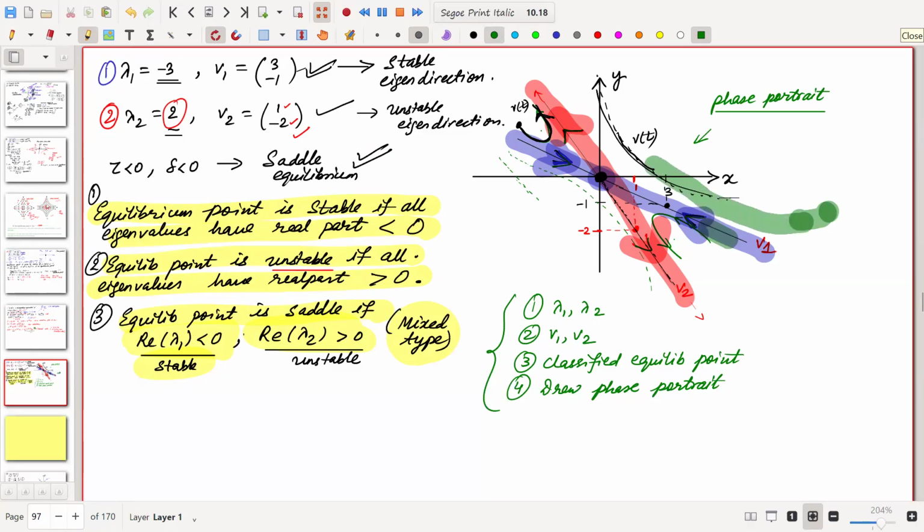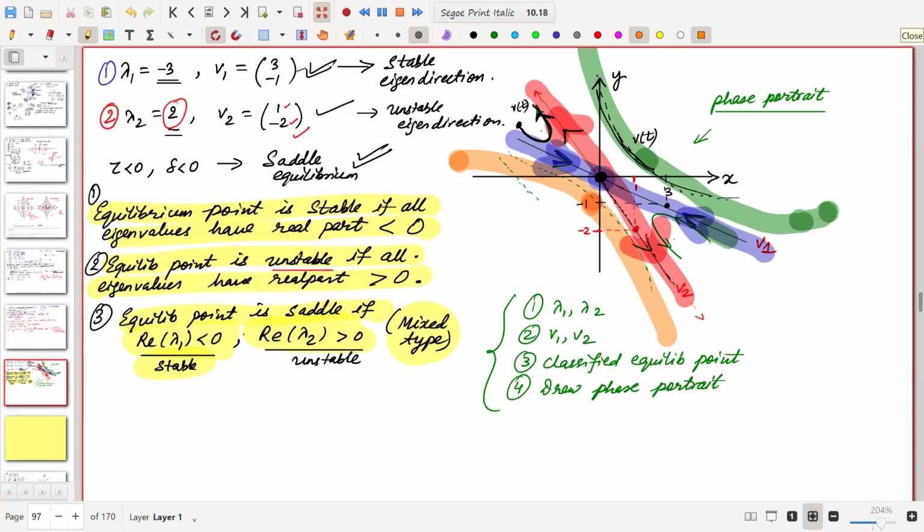Then, due to the red direction upwards, it will go like this, right? You understood the idea? Now let us take some other case. If you start from an initial condition here, then due to this stable vector it comes along this direction, but along this other direction it moves out again. So it will go like this, right?